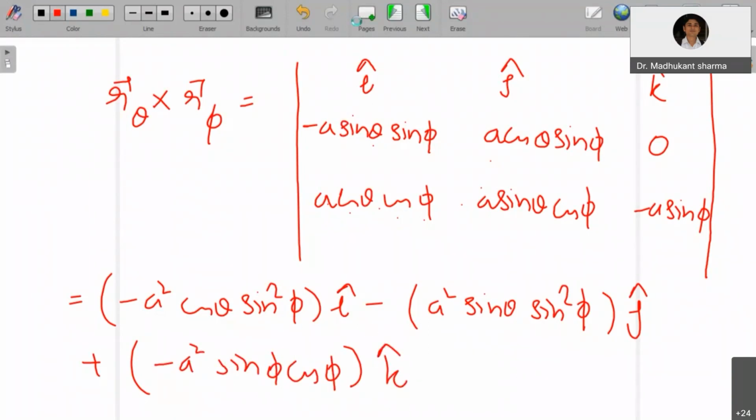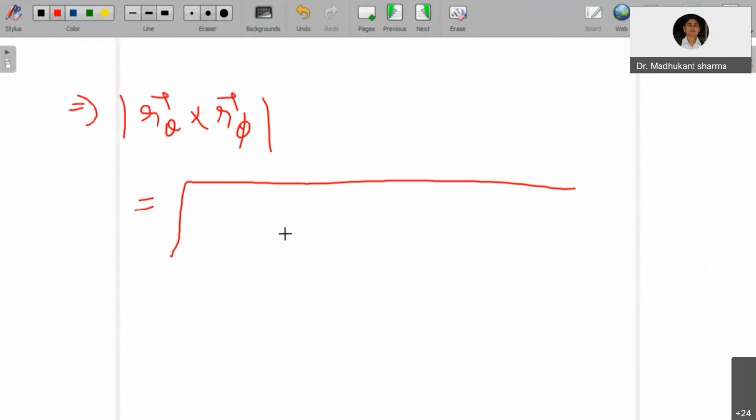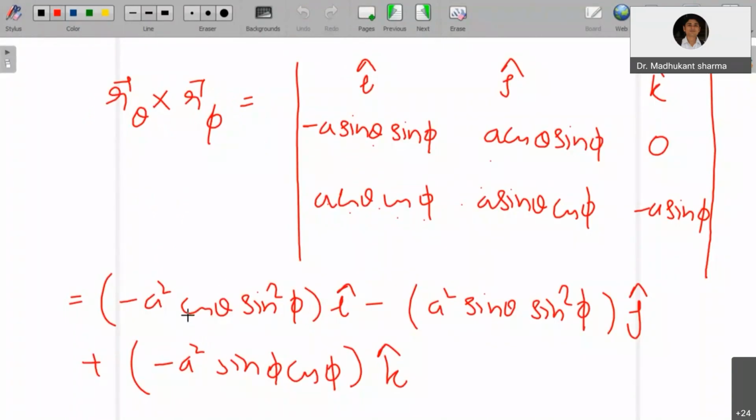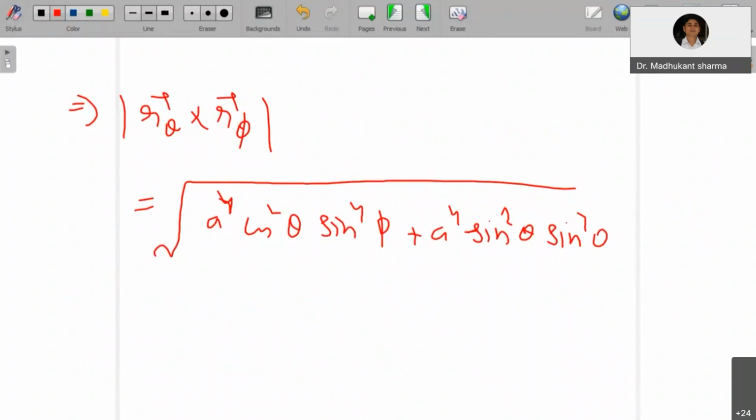Now what will be the magnitude of this? Again, you can find out the magnitude of r theta cross r phi is equal to the square root of a to the power 4 cos square theta sine to the power 4 phi, plus a to the power 4 sine square theta sine to the power 4 phi, plus a to the power 4 sine square phi cos square phi inside the square root.